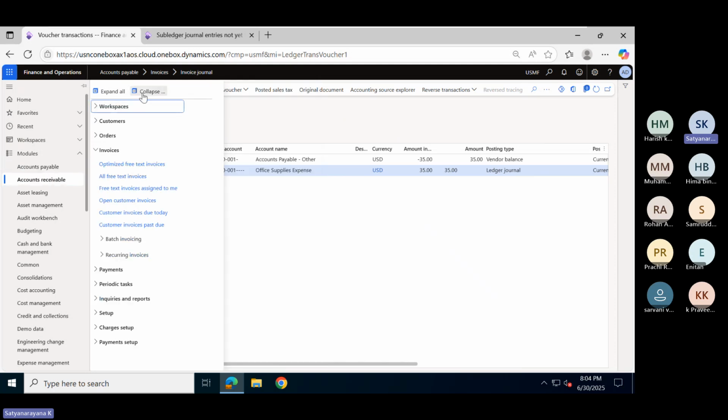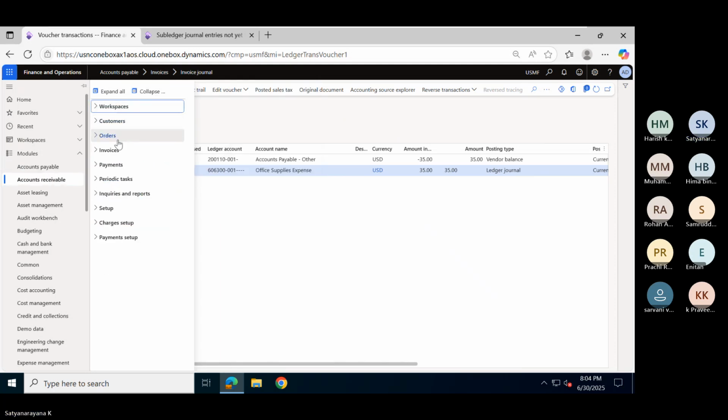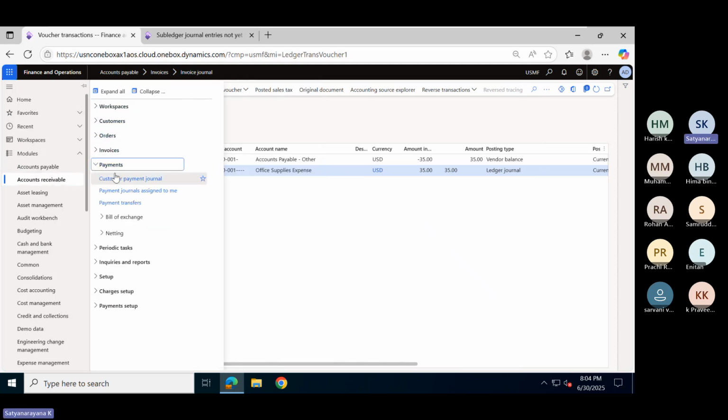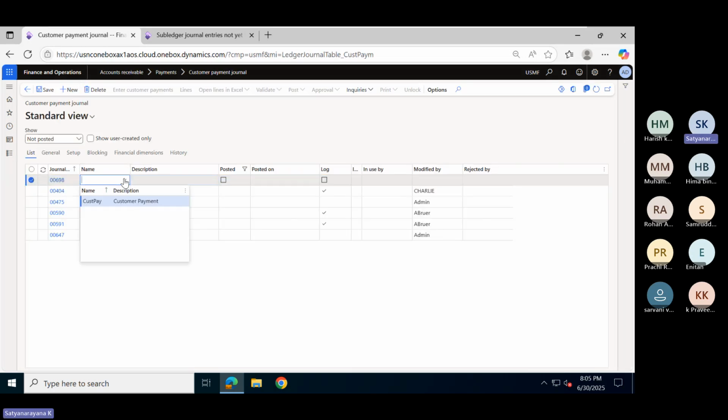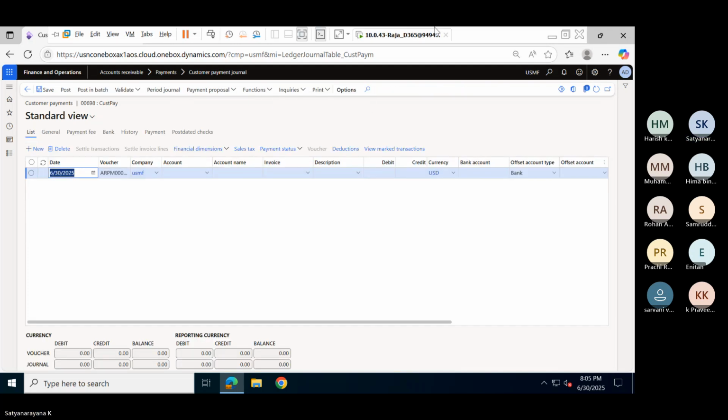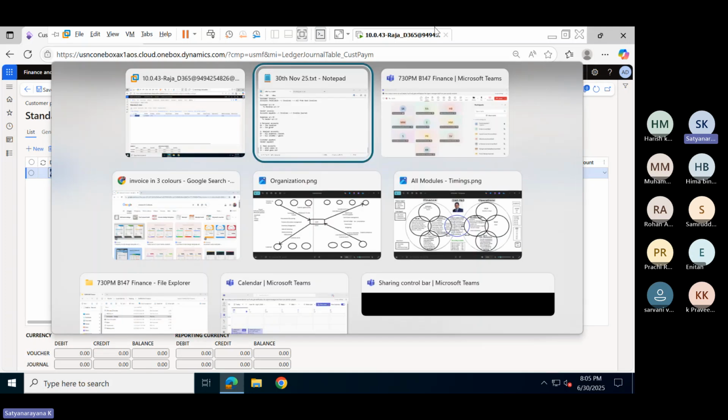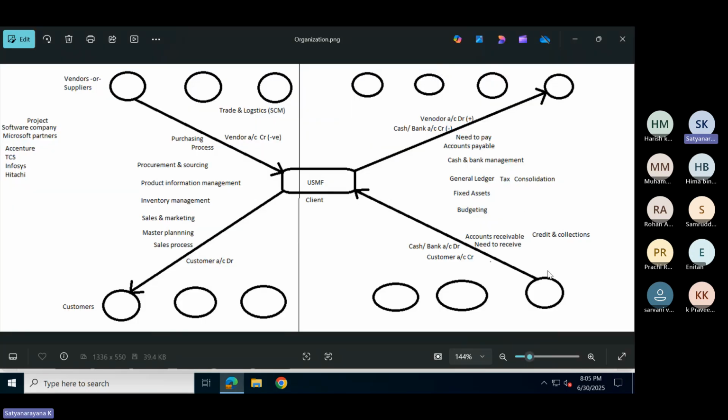Accounts receivable, collapse all, payments, customer payment journal. Click on new, select the journal name, go to lines. Now customer payment means customer is doing payment to us.